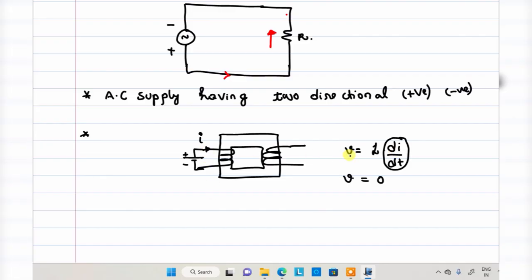The self-induced EMF in the primary winding is L into di by dt, where L involves the number of turns N. Since the derivative of a constant is 0, voltage is equal to 0. Whenever voltage is equal to 0, it is nothing but a short circuit. That particular winding is the primary winding. A short circuit current will be flowing, and the transformer is going to be burned.